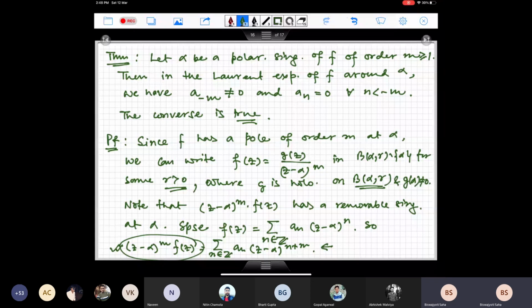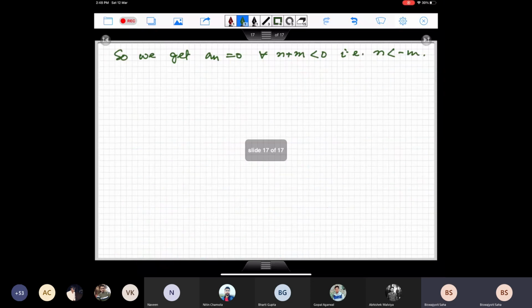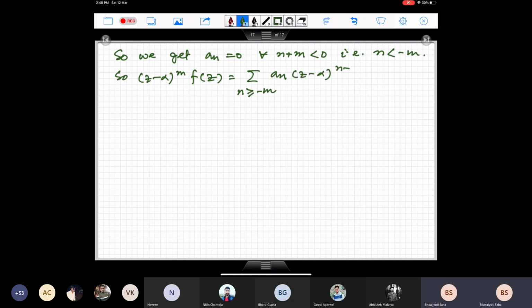Of course, I know that all the negative exponents are not there, so it's only positive exponents. So (z minus alpha) power m times f of z is the sum over n bigger than or equal to minus m of a_n (z minus alpha) power n plus m. Now tell me, how do I get the value for this function at alpha, the function on the right hand side? What is it? It's a_(minus m), right?